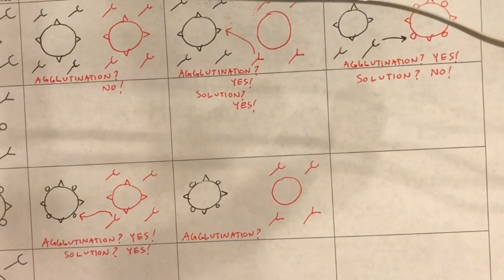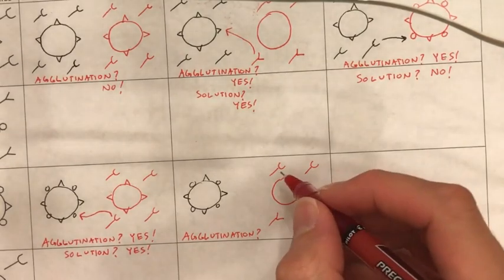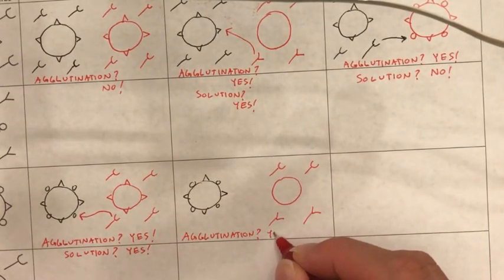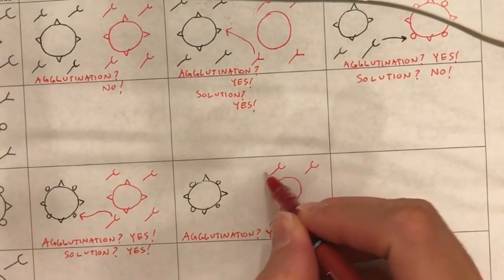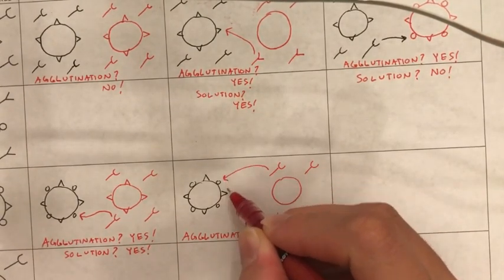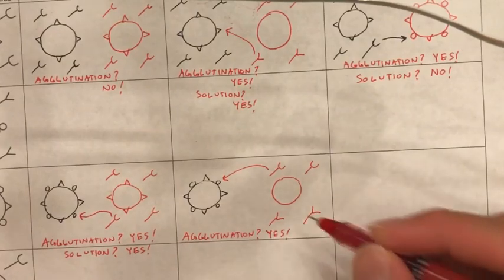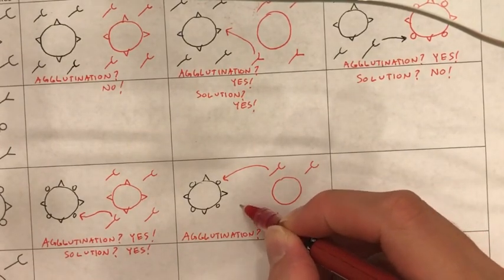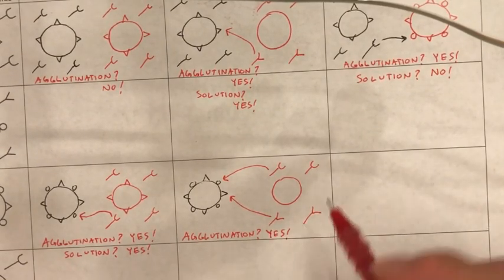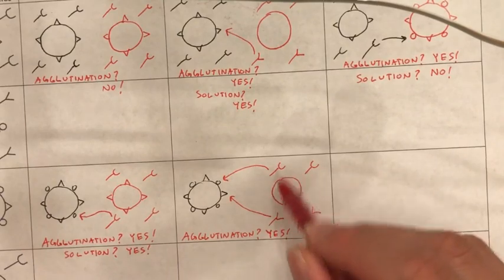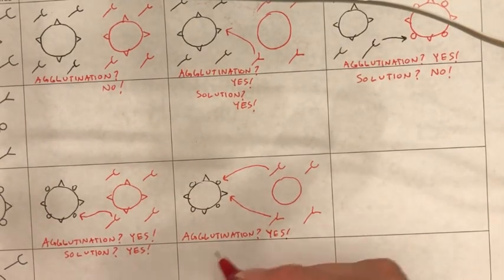All right, is there agglutination? Definitely yes in this case. Double yes, because we have anti-B that can attack antigen B there, and we have anti-A that can attack antigen A, or A antigens. So doubly agglutination there.